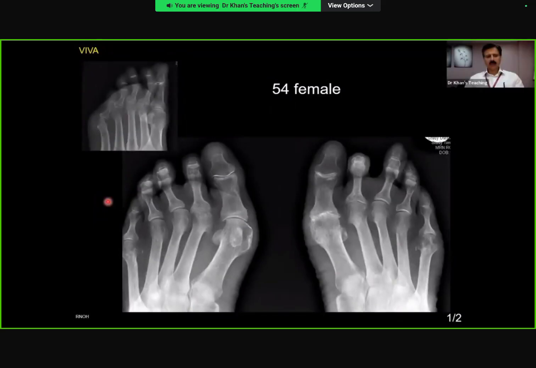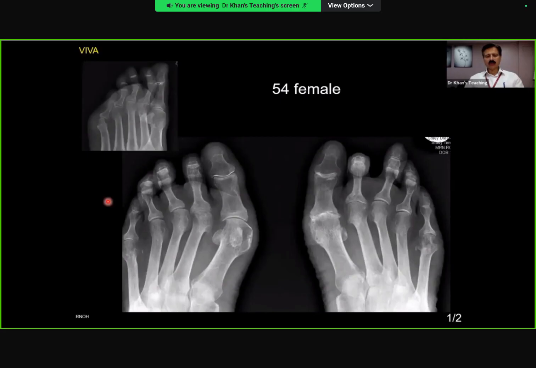Okay. Well done. So the take-home point here is that as far as the metatarsophalangeal joints are concerned, you have to keep a few things in mind. CRA, as in chronic reactive arthritis, also involves it, so that can be in the differential diagnosis, unusual for a 54-year-old with CRA.